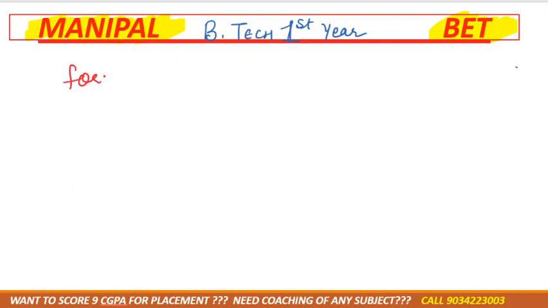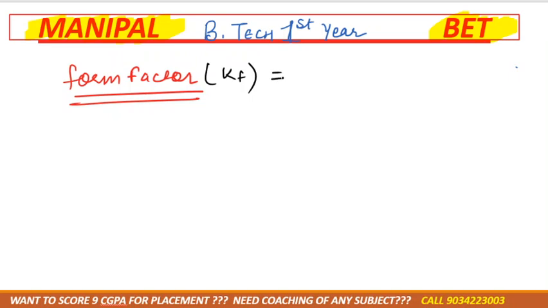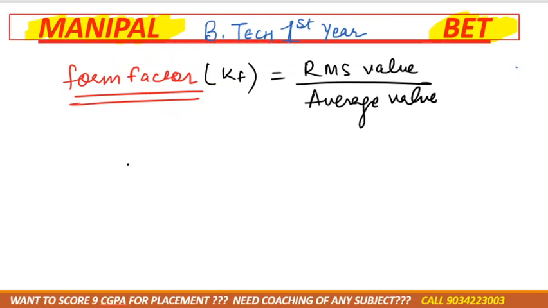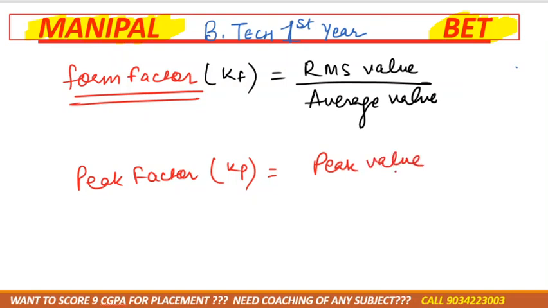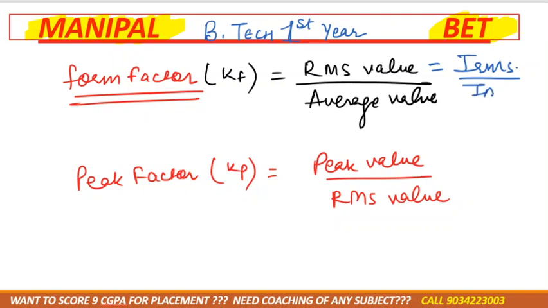Now, what is the form factor? Form factor, Kf, is RMS divided by average. Okay. Similarly, we have the peak factor, Kp, which is the peak value divided by RMS. Peak value is the maximum. Suppose we take it in terms of IRMS, so IRMS divided by I average.